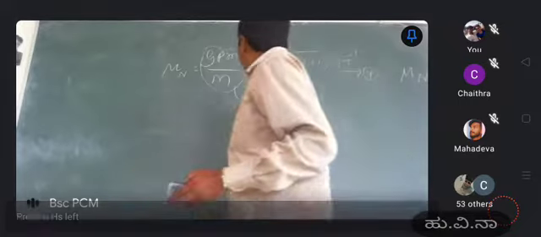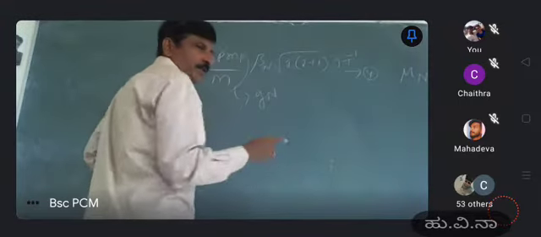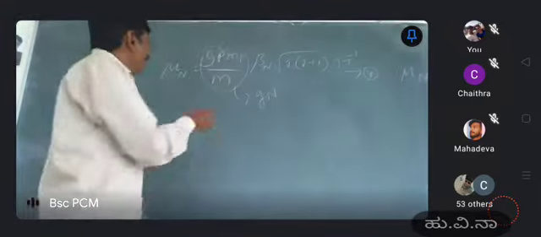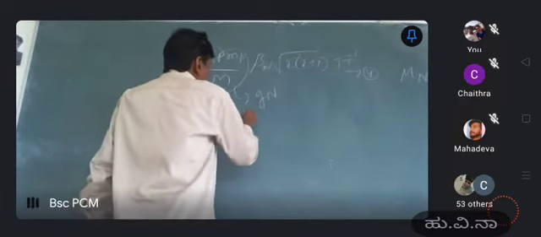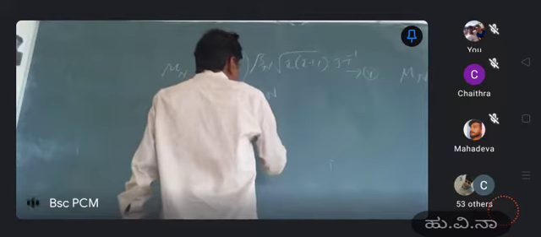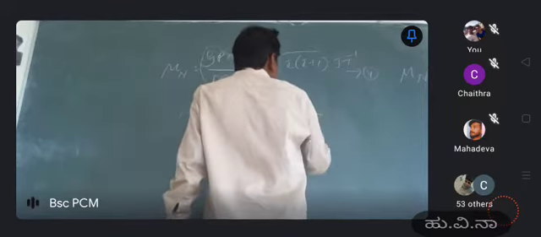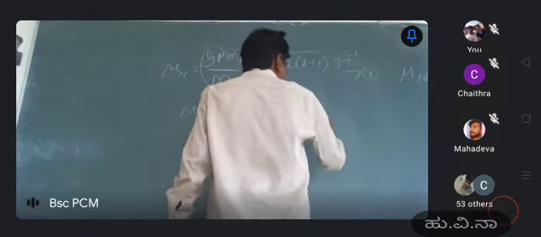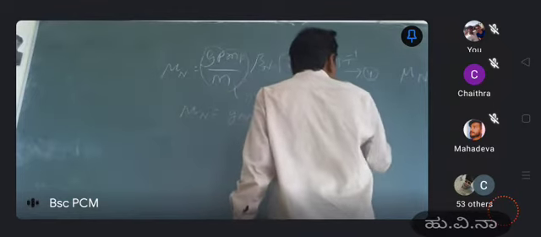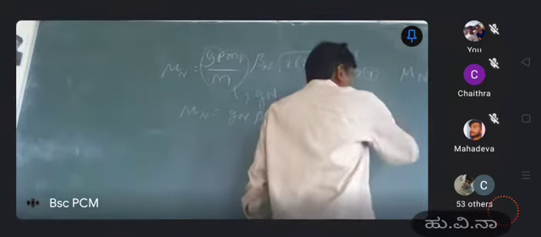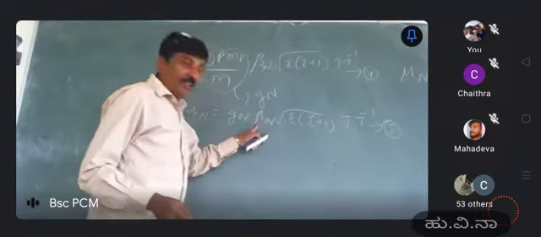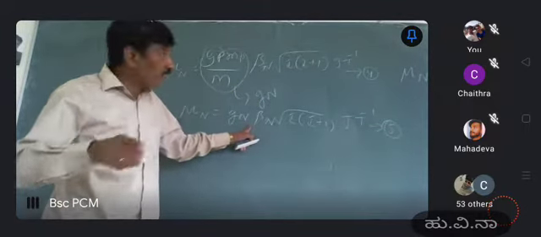If I rewrite equation 4, it becomes mu n is equal to G n beta n into the square root of I into I plus 1, so much joule per Tesla. This is the equation, the magnetic strength of the nucleus.